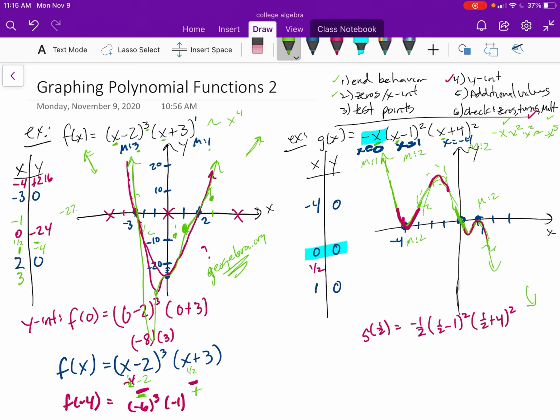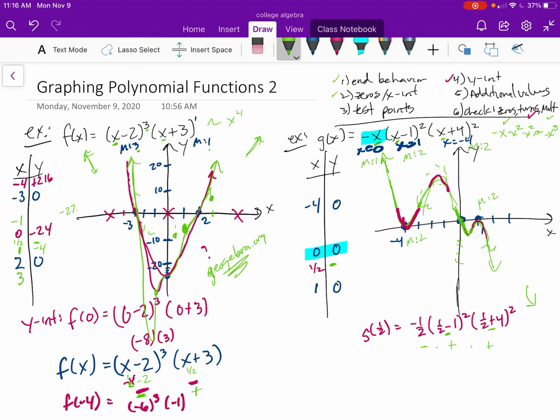See, I don't want to do all this in my head, right? So 1/2 minus 1 here is a negative, but then it's squared, so it turns a positive. This is a positive squared positive multiplied by a negative. Negative times a positive is in fact a negative, which is great because my prediction was that it's down here, right, in the negative value somewhere.